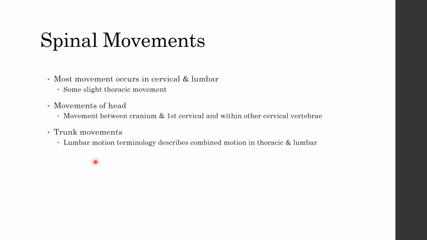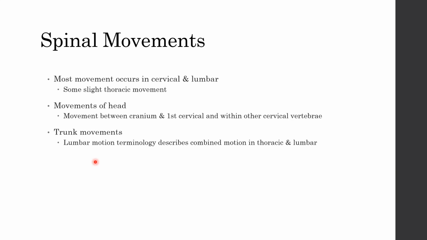Okay, so for spinal movements, an important note to consider is that most movement occurs in the cervical and lumbar region. Although we see some slight movement occurring in the thoracic region, we don't want that region to move so much, mainly because this is where our ribs attach, and our ribs provide protection for structures such as our heart, lungs, etc. Movements of the head will occur between the cranium and our atlas, as well as other cervical vertebrae.